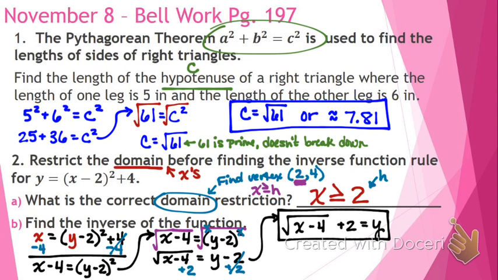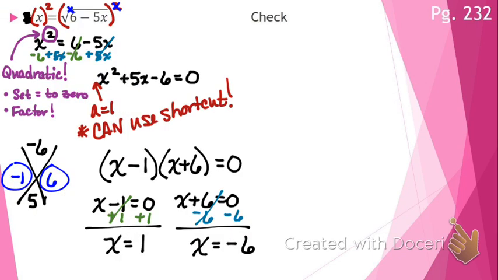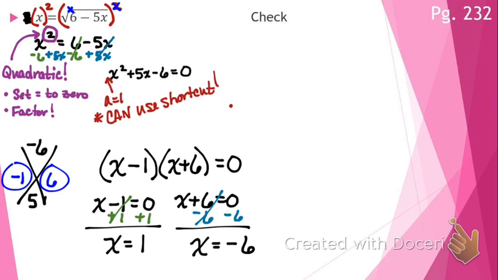We left off on Friday on page 232. We had just gotten here on number 5. We had 2 answers. There was one super important piece that we didn't have time for at the end of class, though.